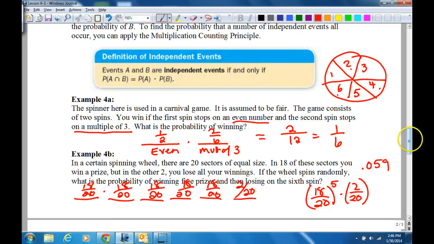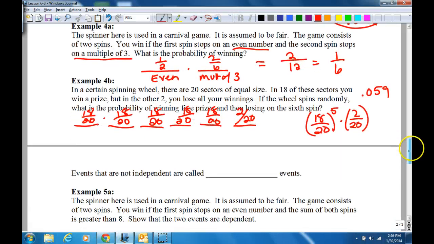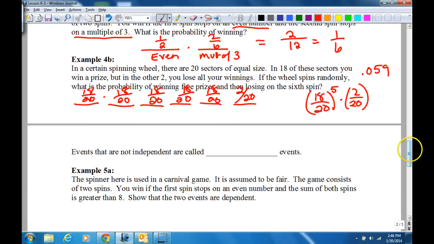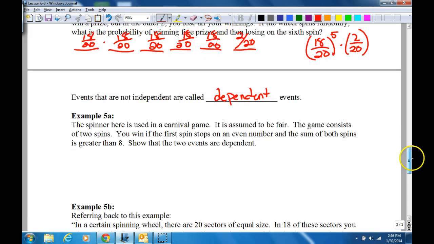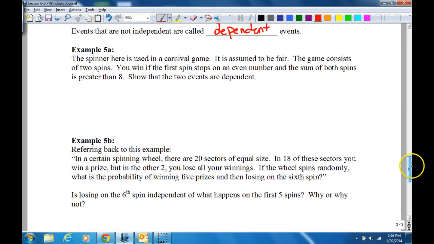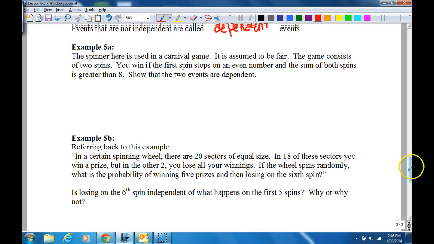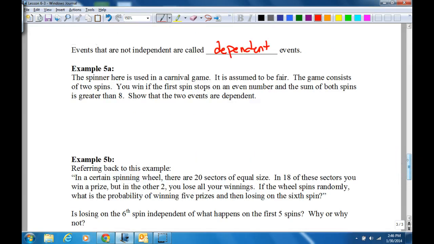All right. Now, events that are not independent are called dependent. You guys are so good at deduction. So, the spinner here is used in a carnival game. It is assumed to be fair.